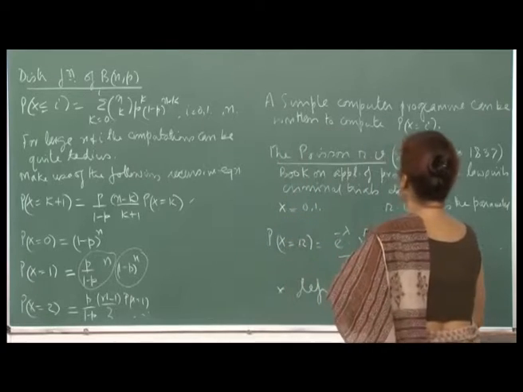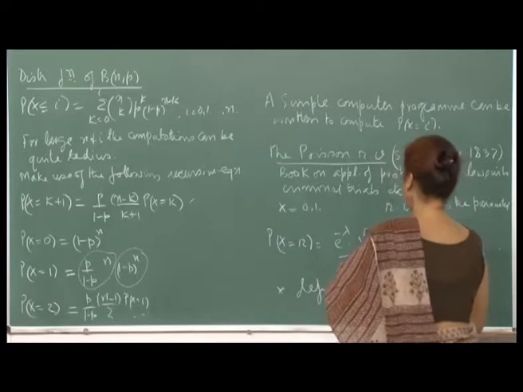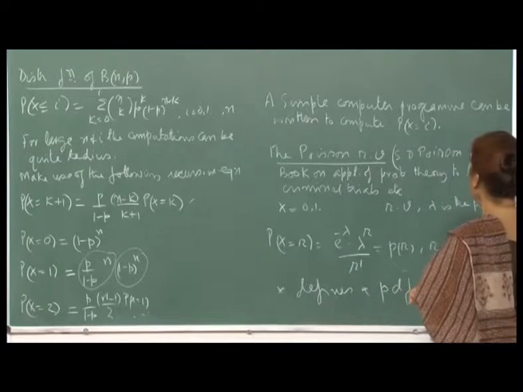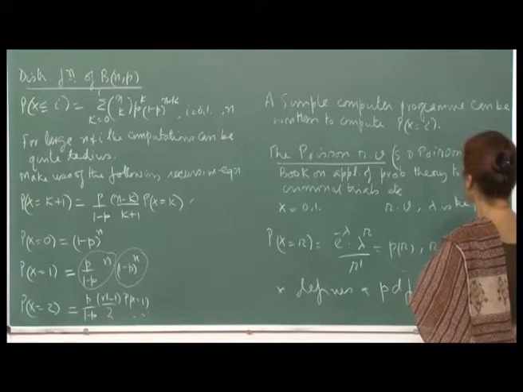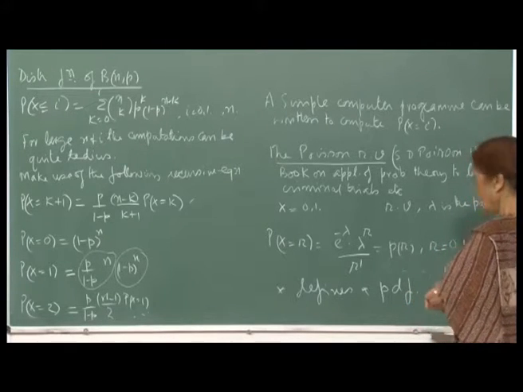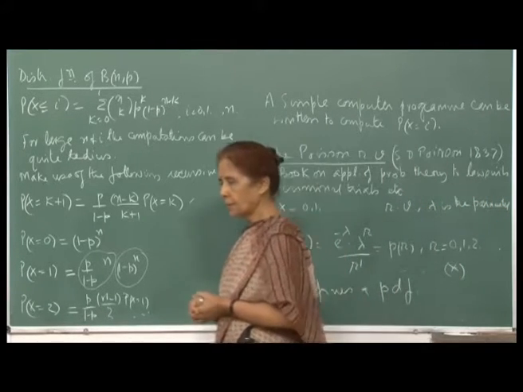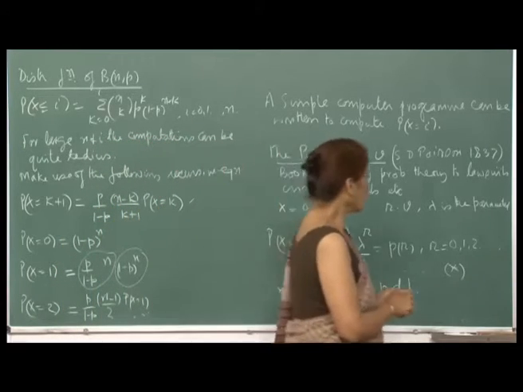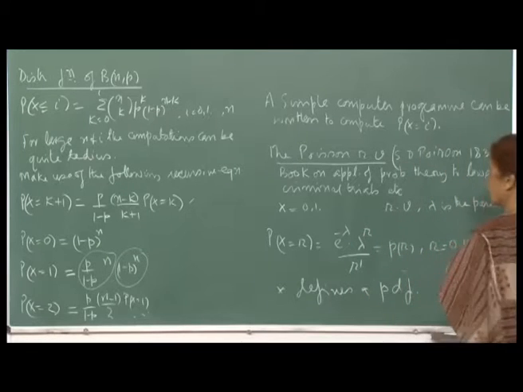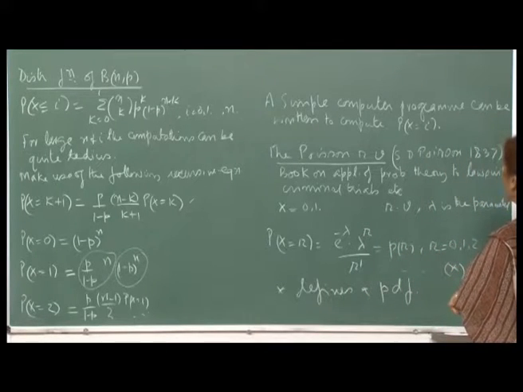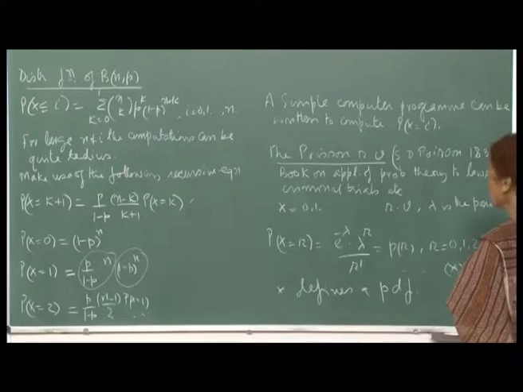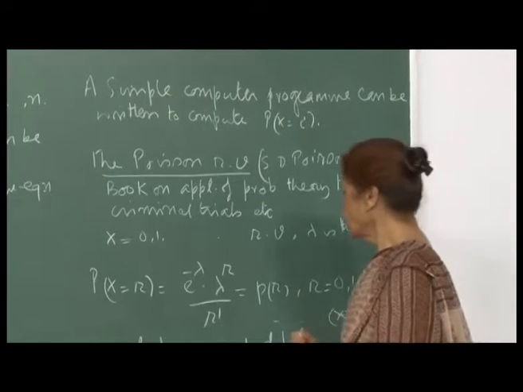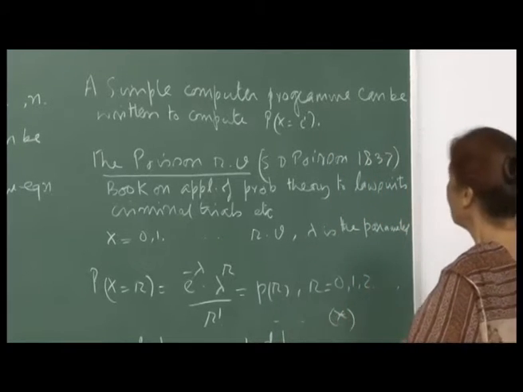Now, another special kind of discrete random variable is the Poisson random variable, named after the mathematician S. D. Poisson, who defined this random variable in 1837. He in fact wrote a book on the application of probability theory to lawsuits, criminal trials, etc. So, you see the kind of applications that the Poisson random variable has.